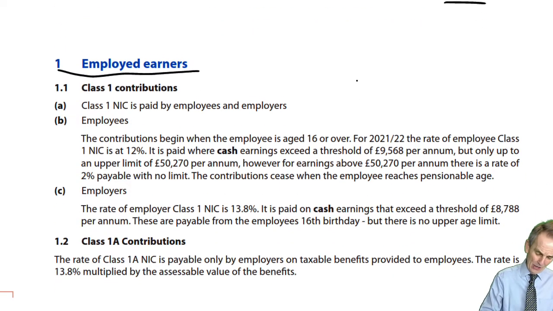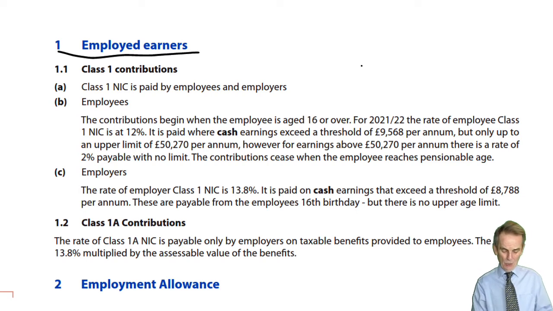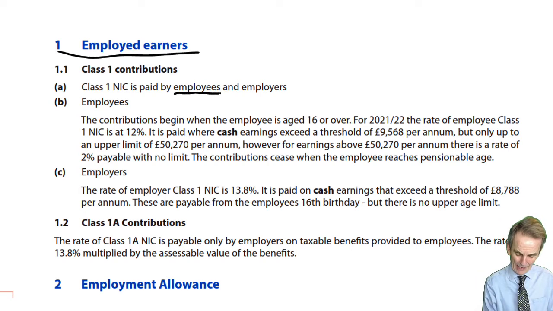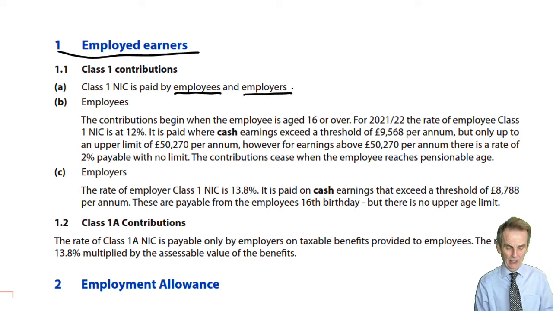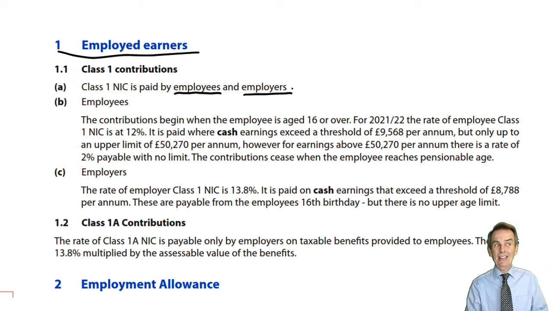Firstly then, with our employed earners, Class 1, as we just said, is paid both by employees and employers. The Class 1 NIC for the employee is collected at source, as is the income tax. Income tax, you remember, just back in Chapter 9, was collected through the pay-as-you-earn system, whereby the employer deducted directly at source from your gross salary the amount of income tax that was due, each week if you were a wage earner, or more likely each month if a salary earner.